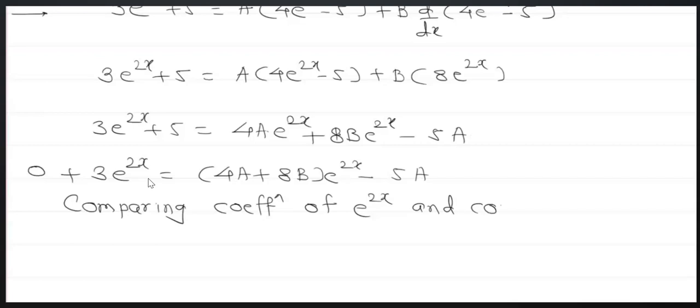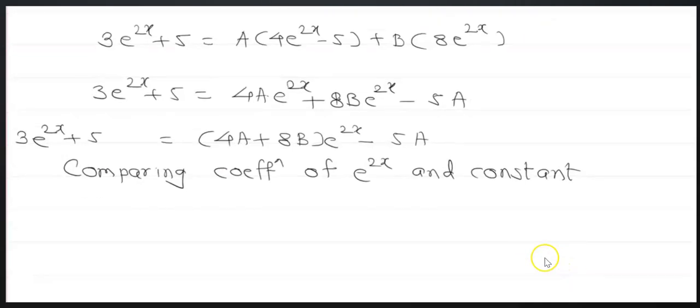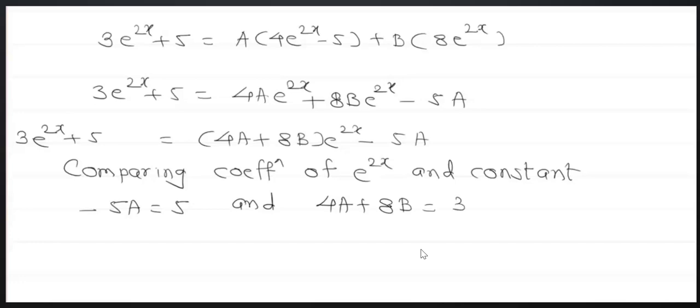Comparing the coefficient of e raised to 2x and the constant, minus 5a is equal to 5. Therefore a is equal to minus 1. 4a plus 8b is equal to 3. We get the value of a is minus 1.